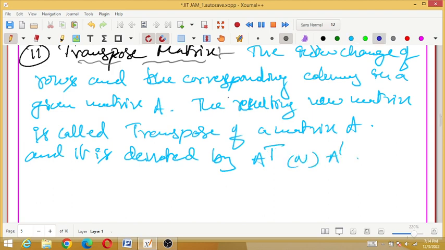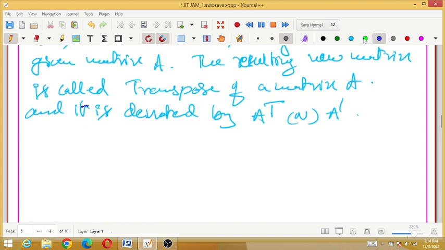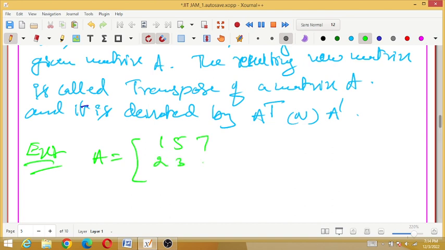So in this first part of today's session, we will discuss all types of matrices and some problems. Example: suppose A is equal to 1, 5, 7, whatever it may be. There is no rule on which elements to take. Next 2, 3, 4, 6, 8, 7.